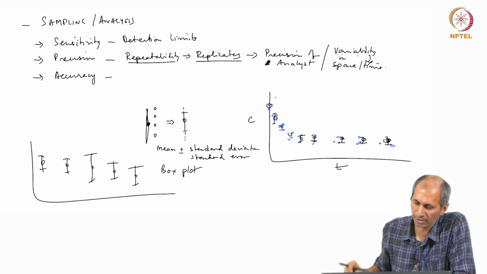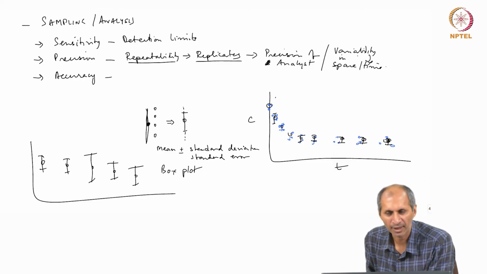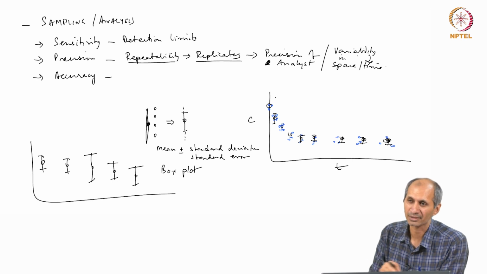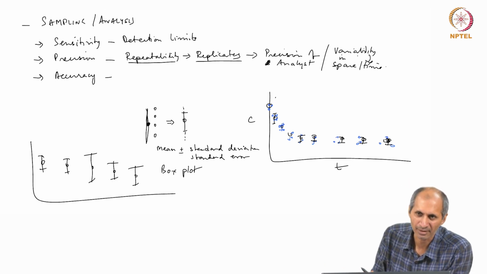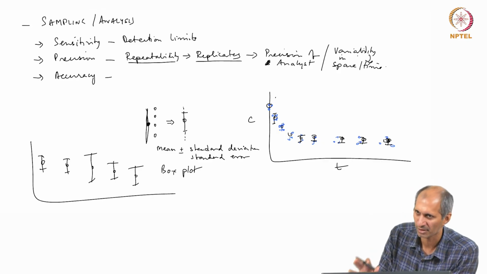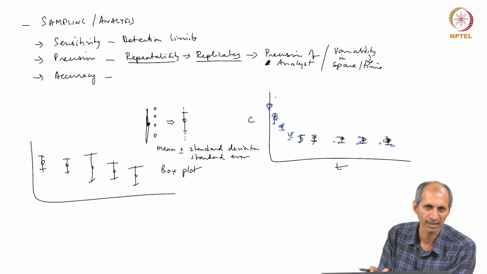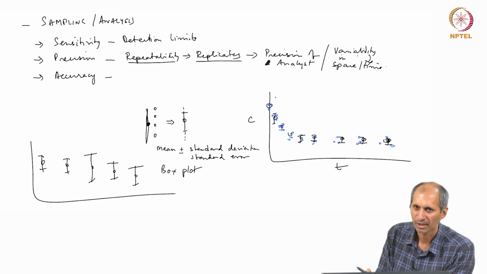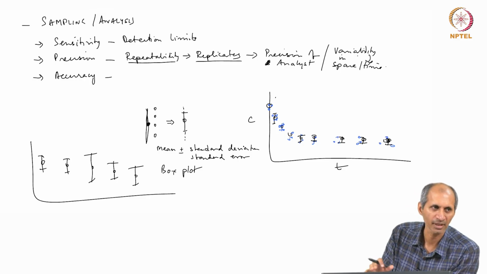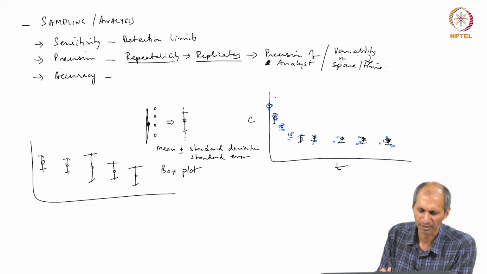So, all this is there, and this is also the basis for which analytical instruments automate a lot of sampling and analysis. What we mean by automation is they use an instrument, a machine, to do all of it. So, the machine can be programmed to do the same thing again and again and again with a little bit of error. Okay. Humans have a little more, depending on the skill set, they are maybe susceptible to more error. So, the automation of these things is done based on it.